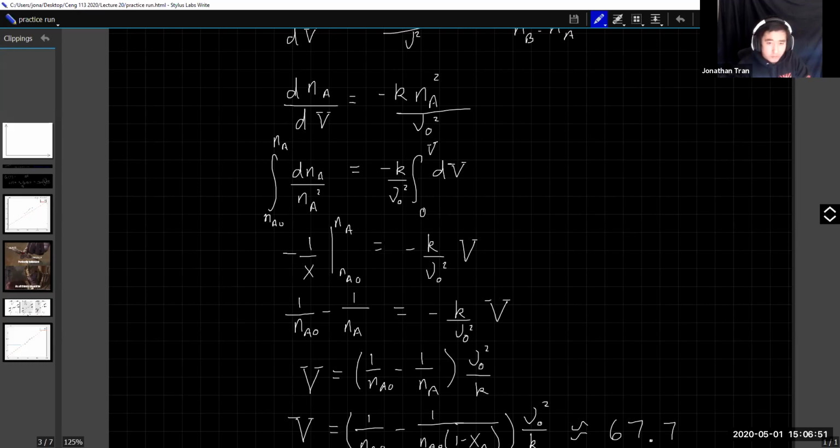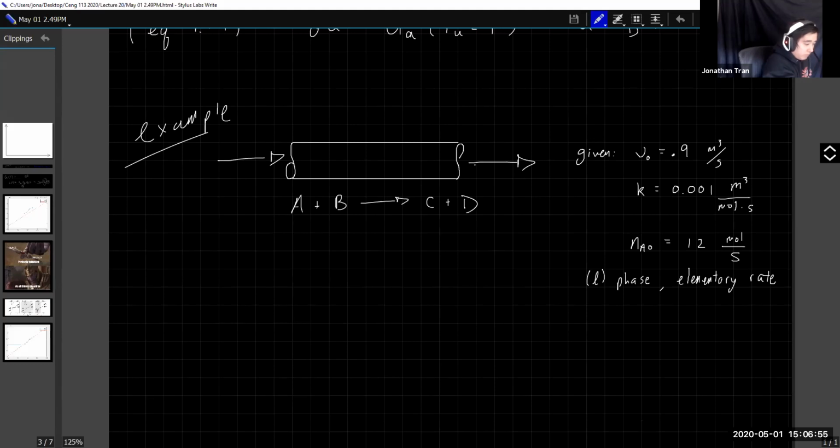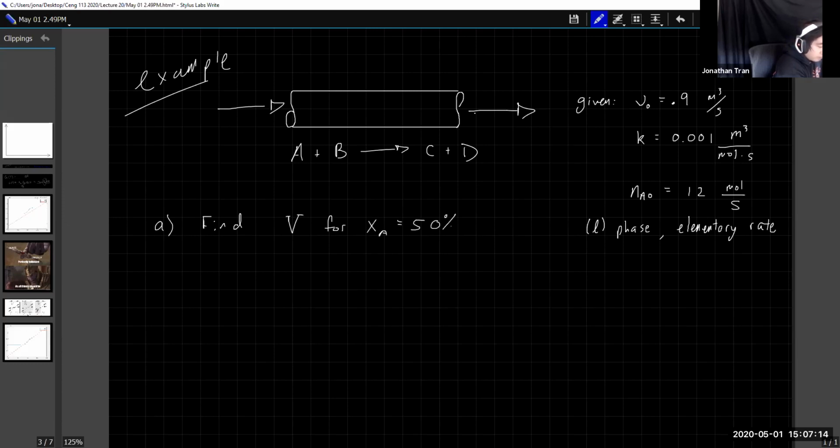Sorry, I think my page just changed there. Okay, so the reaction is A plus B goes to C plus D. And part A is to find the volume for XA equal to 50%.